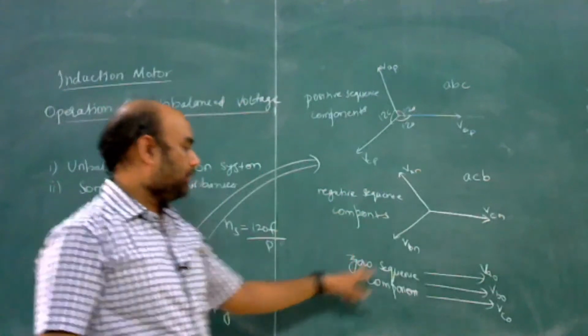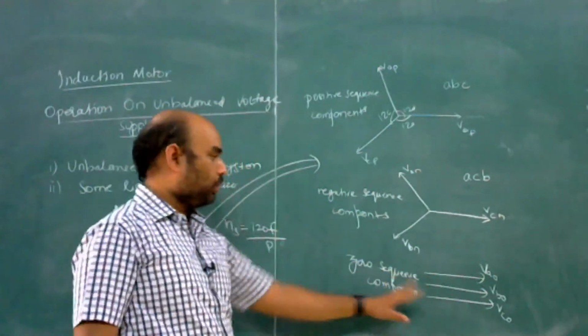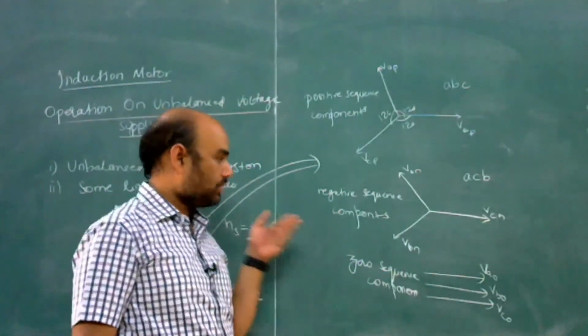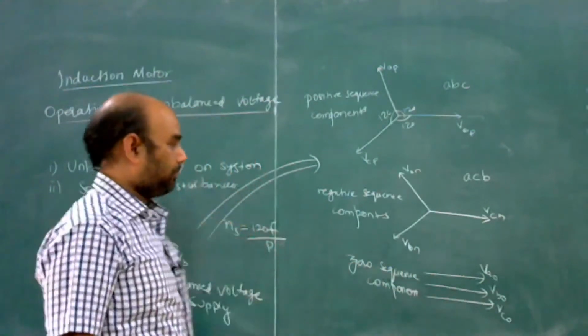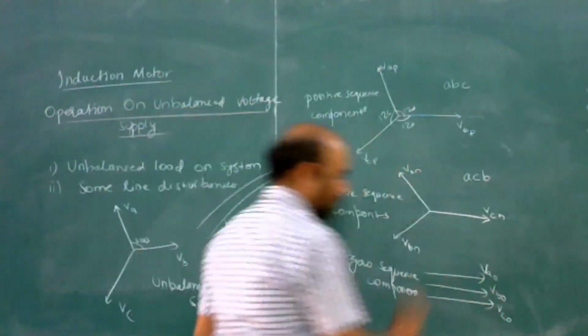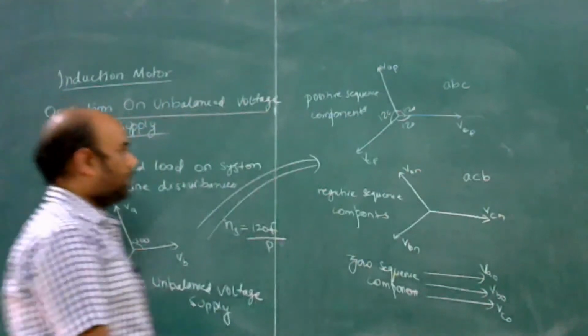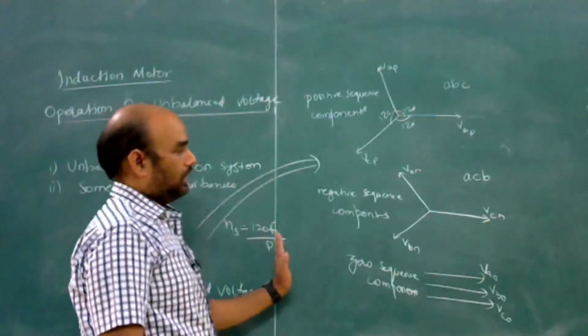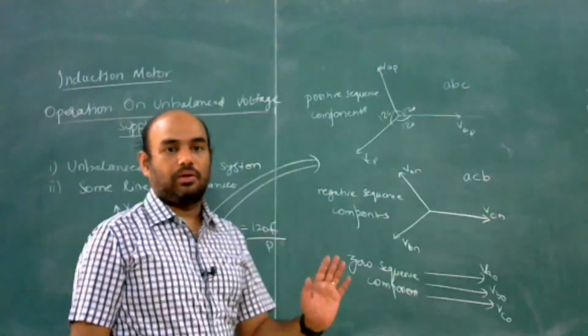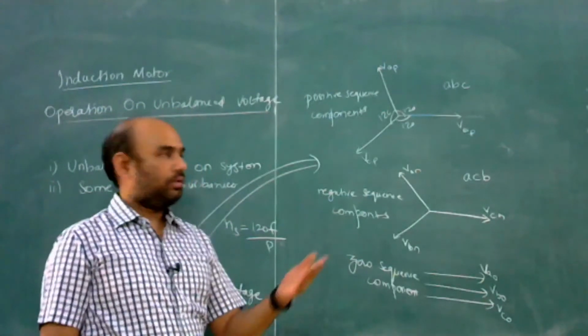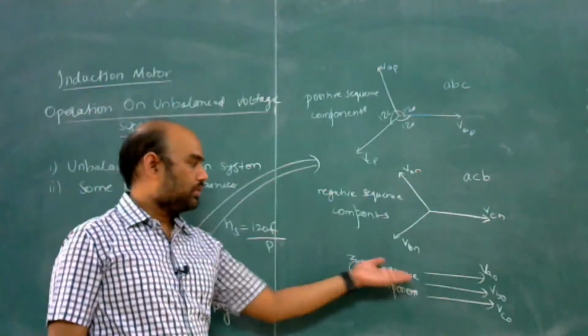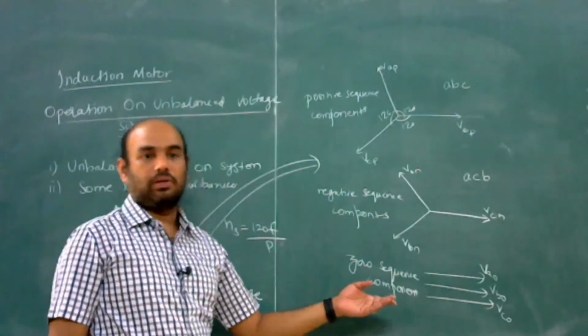Zero sequence components have no phase sequence. They are aligned in the same direction. Since we are assuming symmetrical star or delta connection, there is no neutral connection, so the zero sequence component will be neglected.